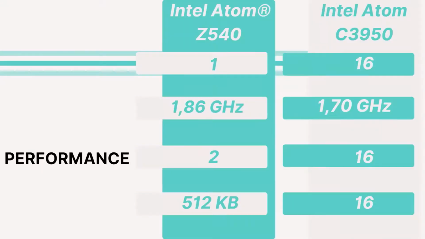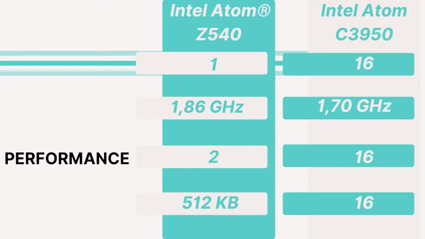In performance, the number of cores: the C540 is 1 core and the C3950 has 16 cores. In terms of the frequency between the processors, there is not a big difference, since the C540 has a frequency of 1.86 and the C3950 1.70.